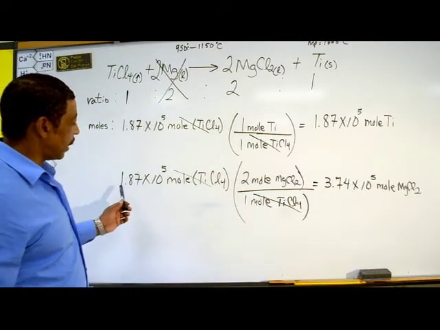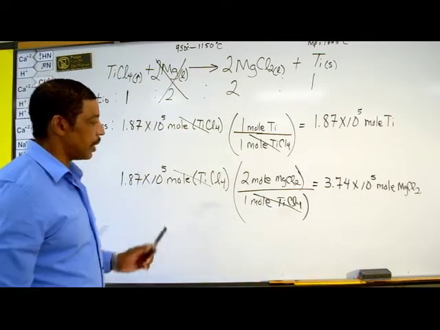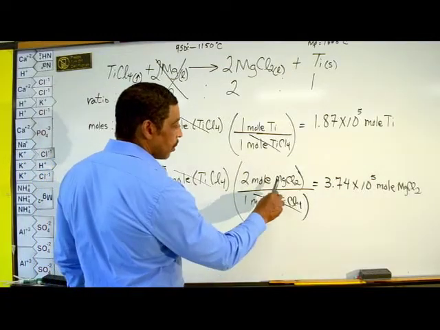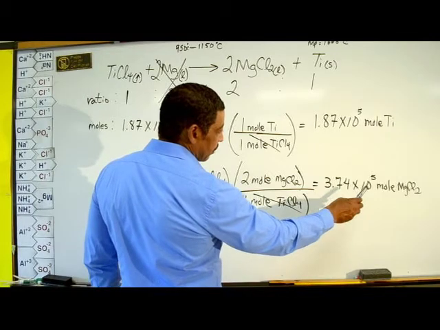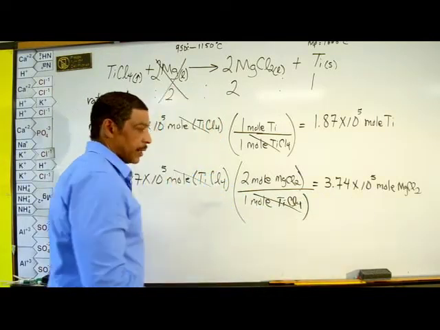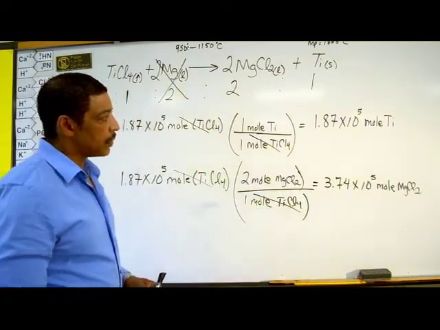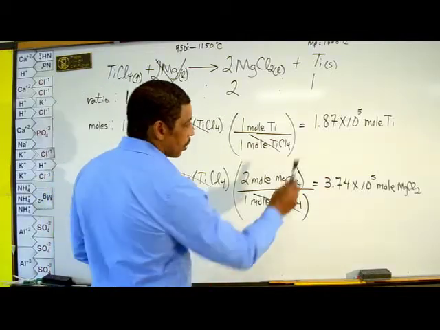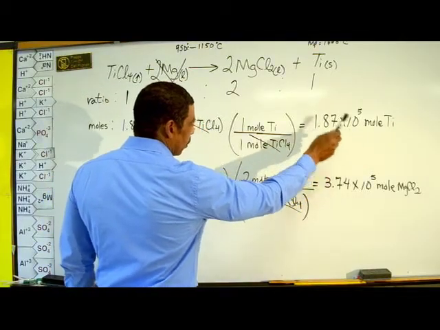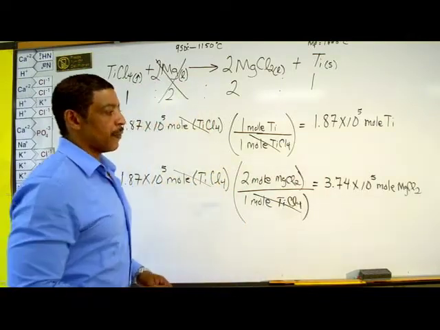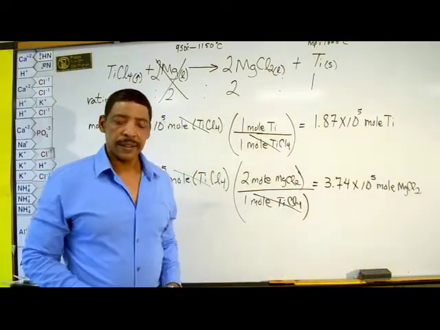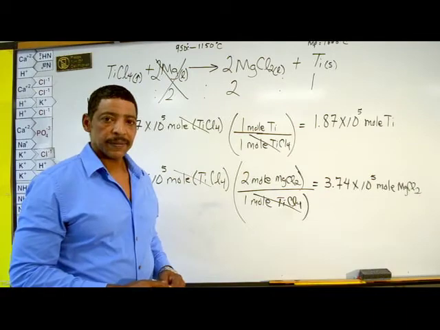So multiplying 1.87 times 10 to the 5 times 2 mole of MgCl2 will equal 3.74 times 10 to the 5 mole of magnesium chloride. So during the process, we will form 1.87 times 10 to the 5 mole of Ti and 3.74 times 10 to the 5 mole of the magnesium chloride.